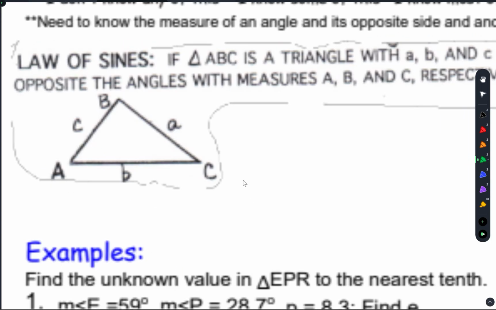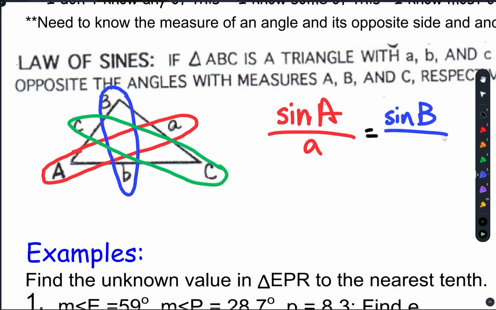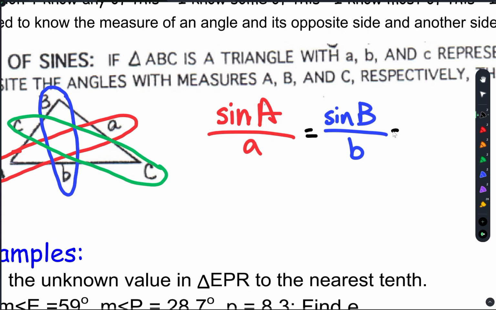Here's my proportion that I'm going to set up for every single one of these problems. I'm going to have an extended proportion. I can say sine of angle A over side A is equal to sine of angle B over side B. And those also go hand in hand with sine of angle C over side C. So you're not going to have a big extended proportion like this.